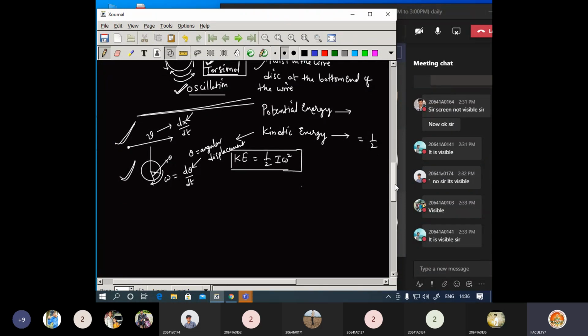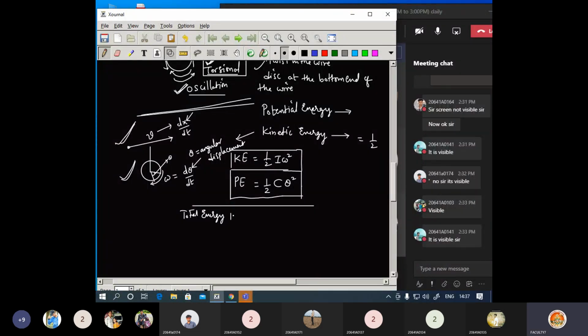Now the potential energy, I am writing this as PE. I am going to give the equation as half C theta, again with a square here. These are new equations that you might not have seen in your intermediate. These are the two energies, and the sum of these two is the total energy.